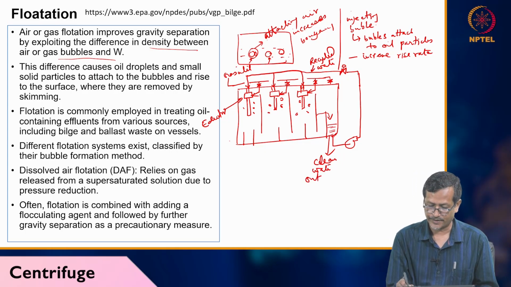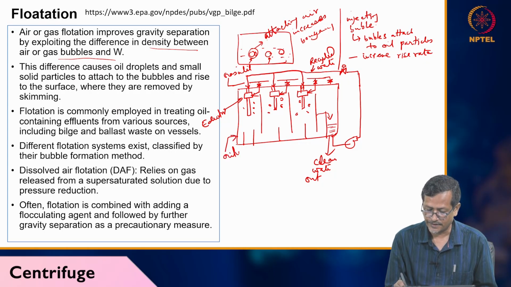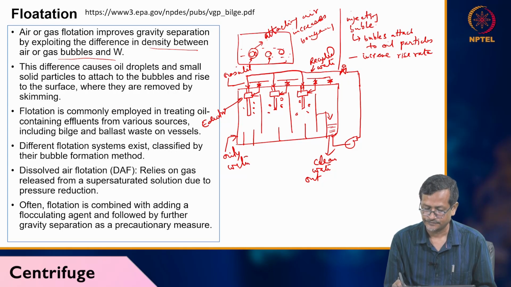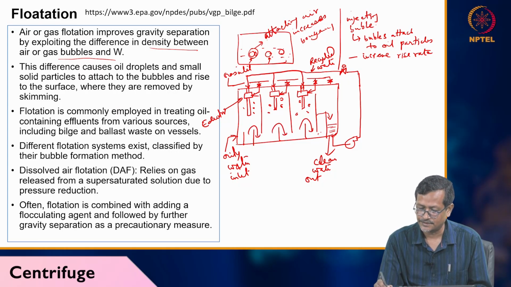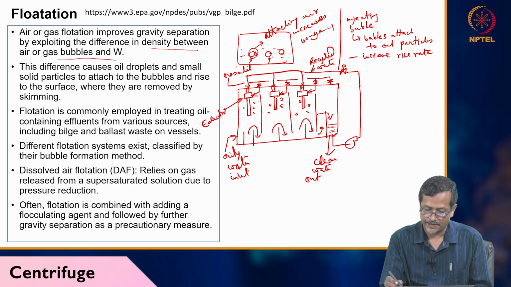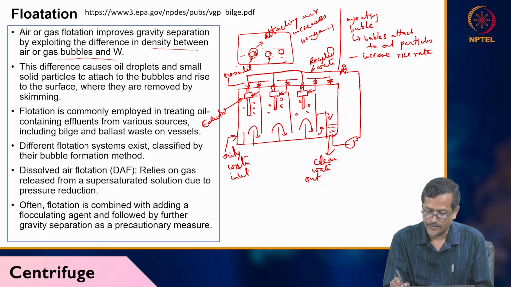And the oily water inlet is here. So oily water is coming here, it will pass through like this, go like this, and you are creating a weir to skim out.